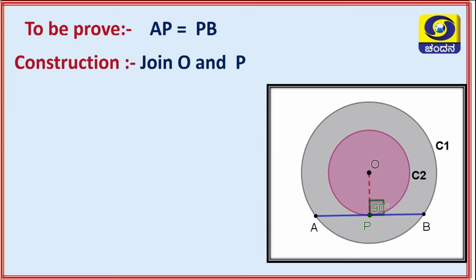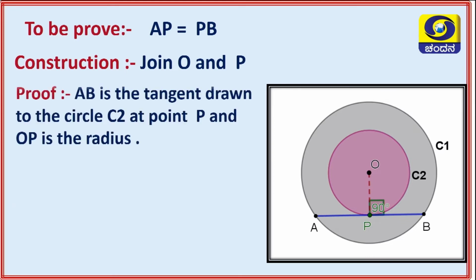Yes? Okay. So, for this we need to do some construction. We have to join O and P. I have already joined O and P. Proof. AB is the tangent drawn to the circle C2 at point P and OP is the radius.